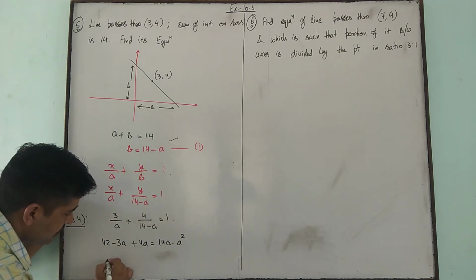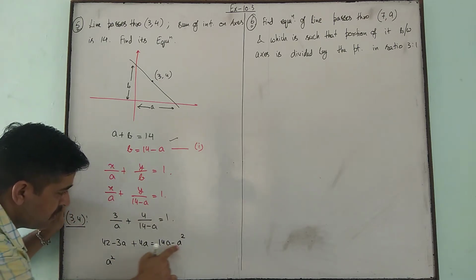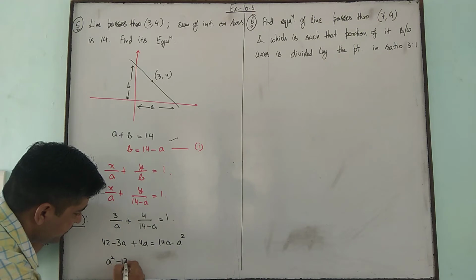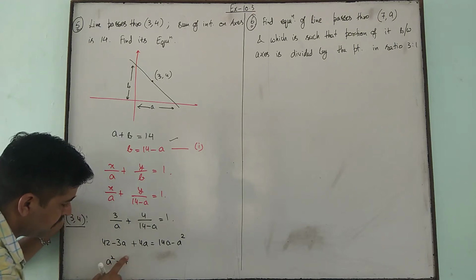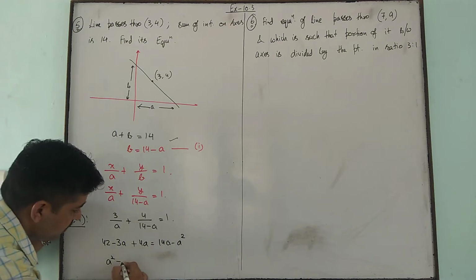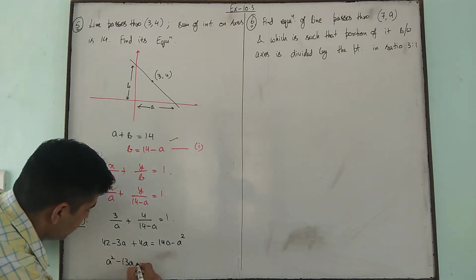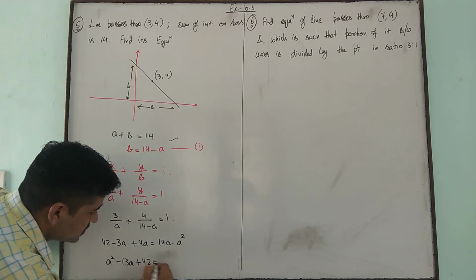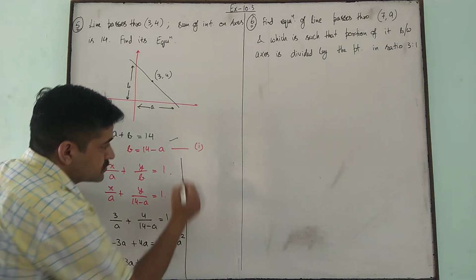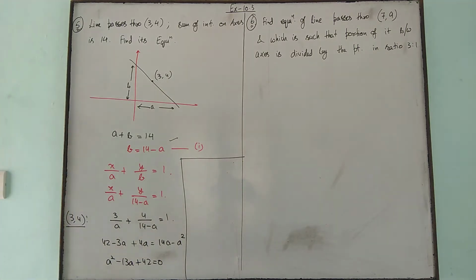So we got A square minus 13A plus 42 is equal to 0.